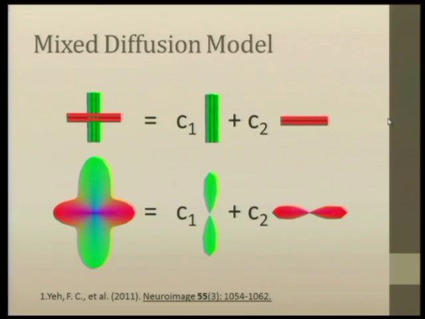So I propose a model called the mixed diffusion model, which in short says that the overall diffusion distribution is a linear combination of component distributions, and each component corresponds to one fiber population.